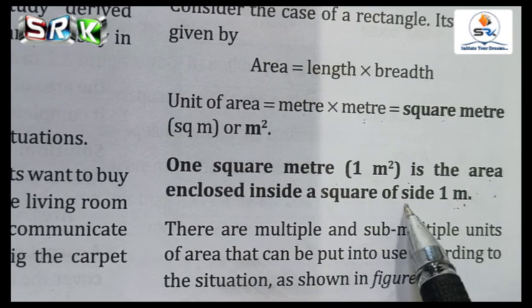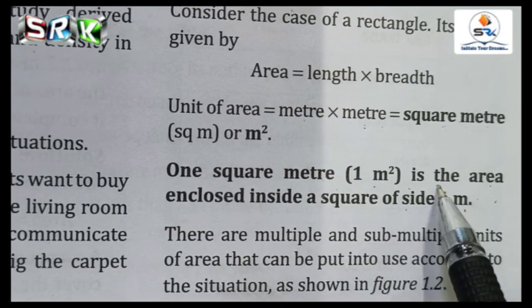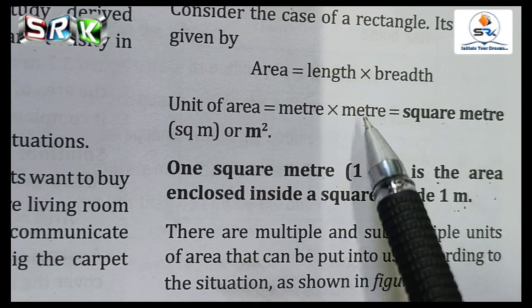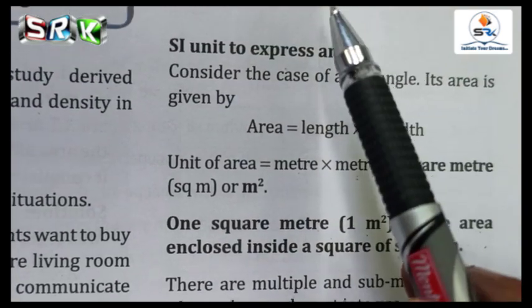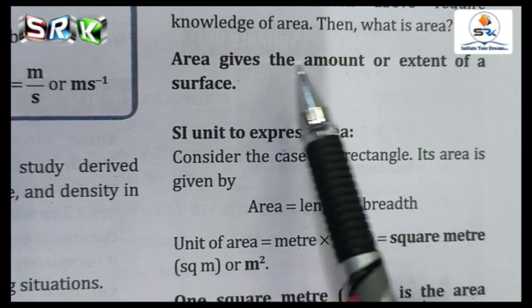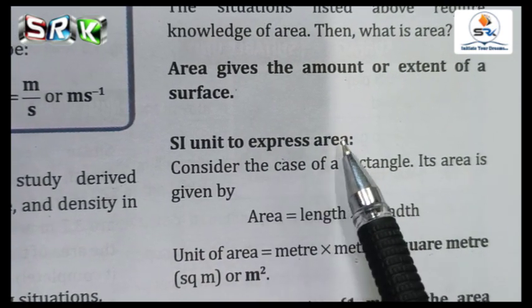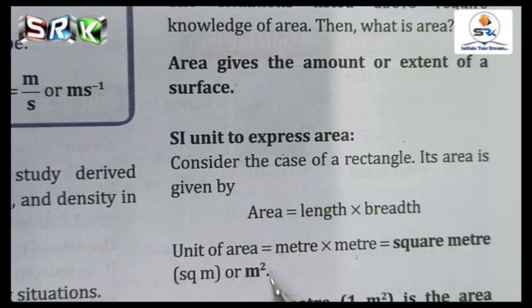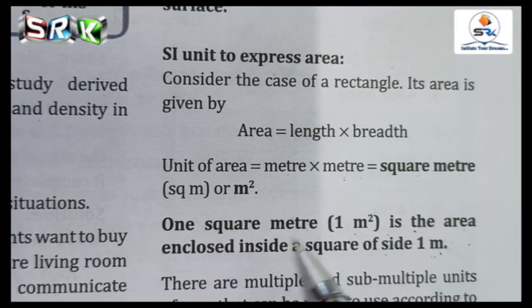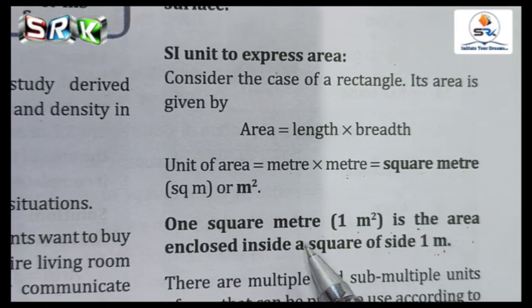So this is called 1 square meter. Students, today we have seen what is meant by area, the SI unit to express area, and 1 square meter. These topics we have covered today.